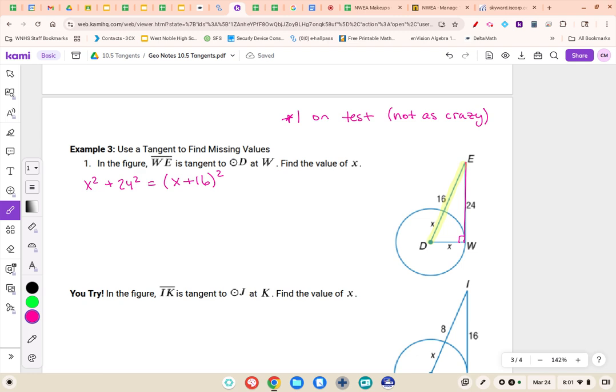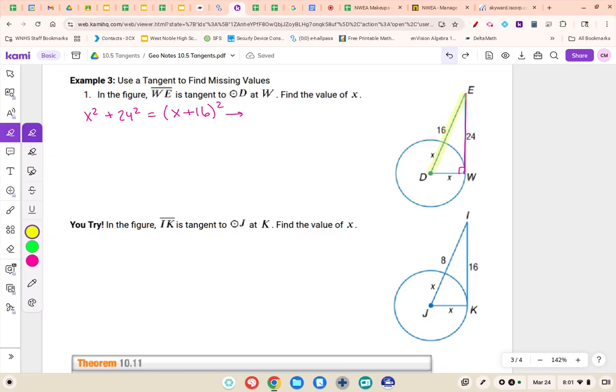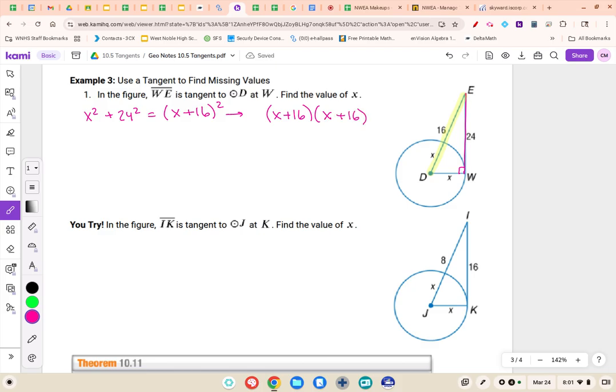So we're going to bring back some stuff from Algebra 1. We should recall that if you have this little 2 here, you have to write those factors twice. So we have x plus 16 times x plus 16. And then we're going to FOIL these.